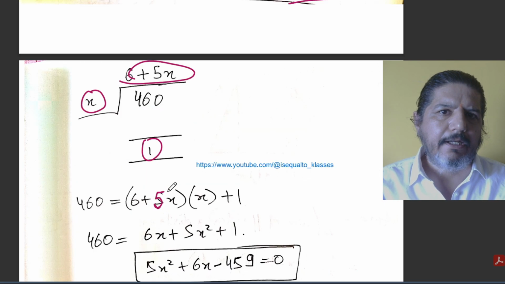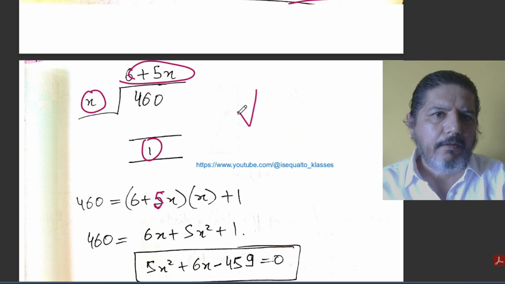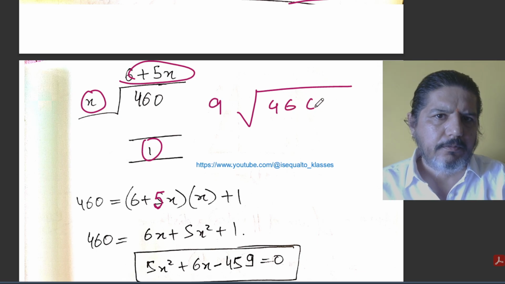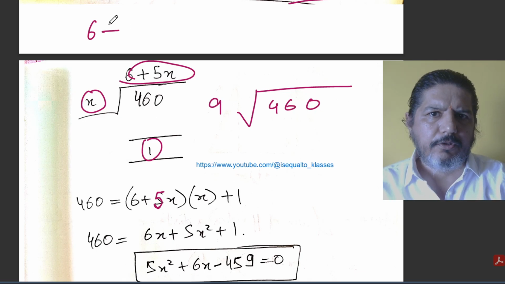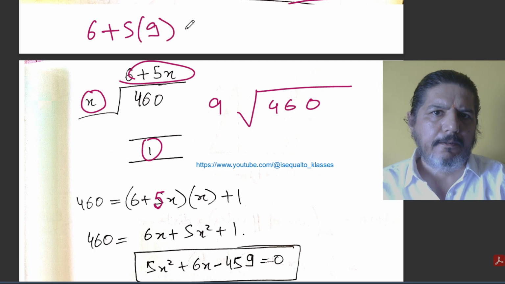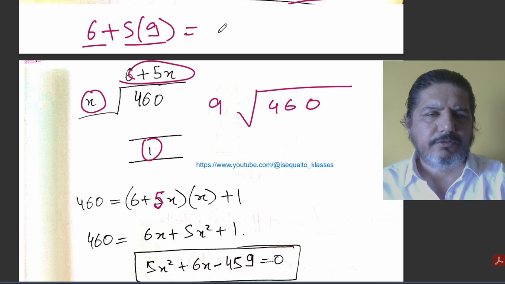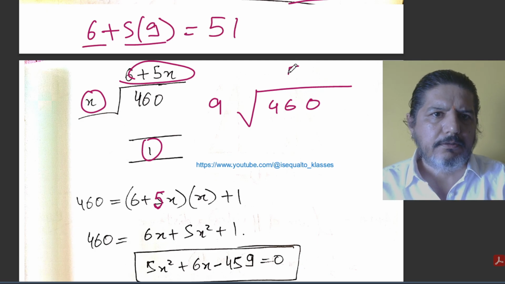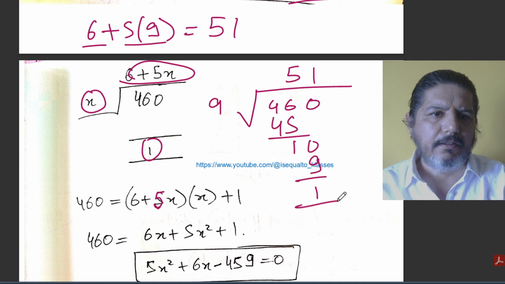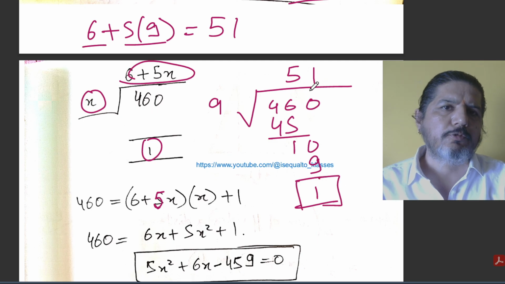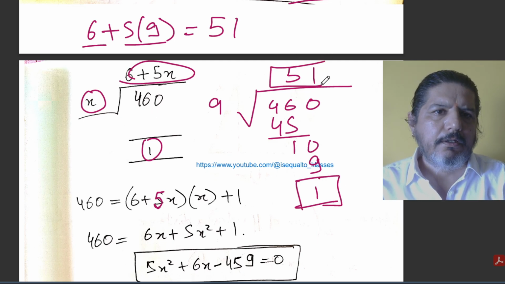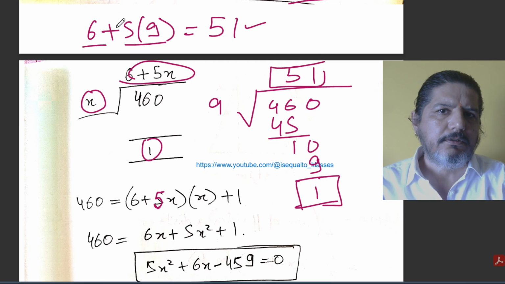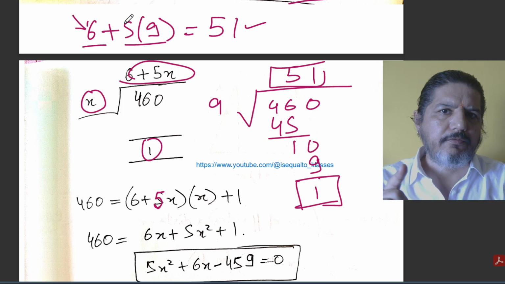Now when x is equal to 9, let's try to understand what is happening. When x is equal to 9, this is 460. So this would be 6 plus 5 into 9. 9 5s are 45, plus 6 is 51. 9 51s are 459. So everything is perfect. 51 is 6 more than 5 times 9.